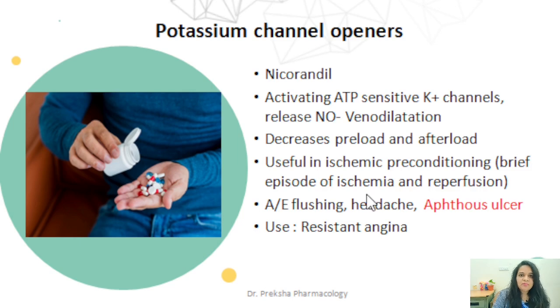Adverse effects of potassium channel openers are flushing and headache because it causes vasodilatation, and painful aphthous ulcer formation, which heals permanently once you discontinue Nicorandil. Nicorandil is used in resistant angina when it is combined with other first-line drugs.